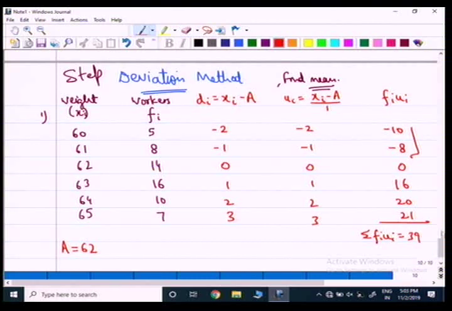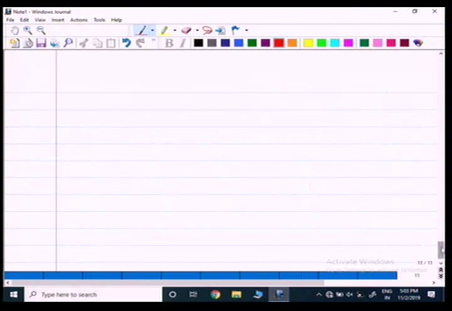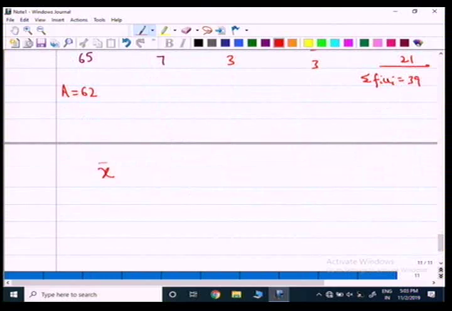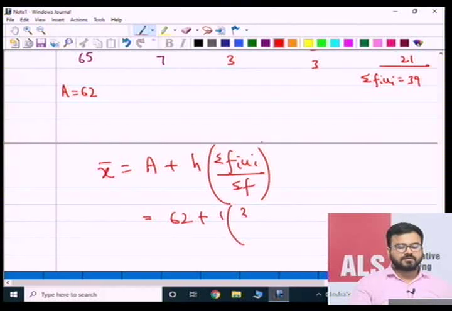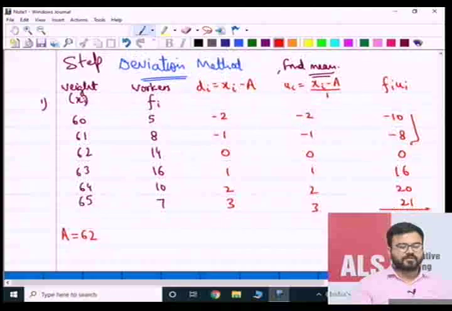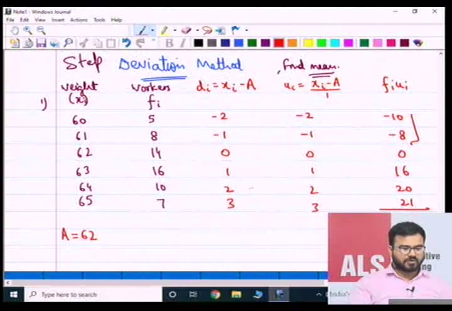Now the mean would be A plus sigma Fi Ui divided by sigma F, into H. The H value is 1 over here, so 62 plus 1 times 39 over sigma F. The number of workers is 60 in total.